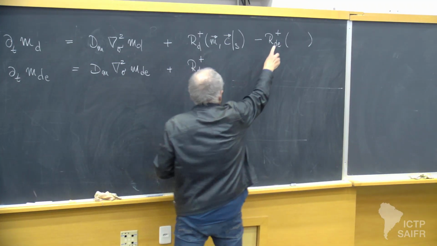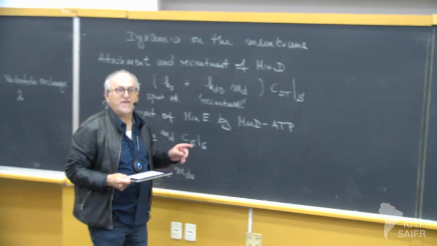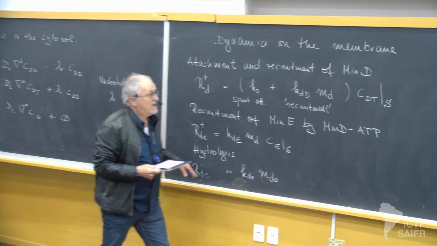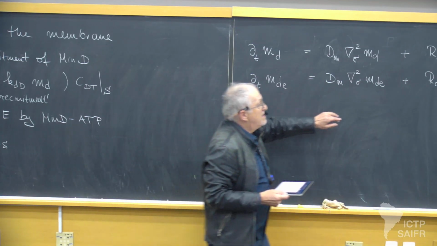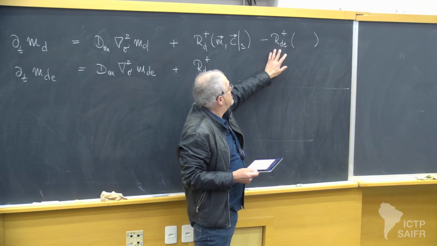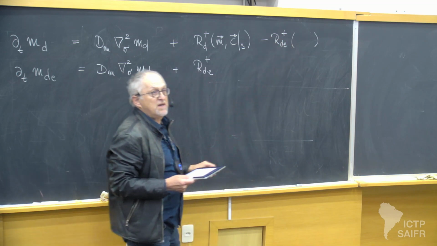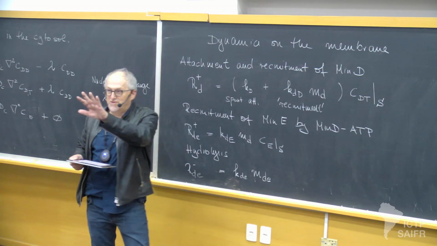Oh, sorry, I said something wrong here. I was fooling you. Well, here in the second equation it is plus. In the first one, I said something wrong. This is R_DE plus. It's not the hydrolysis. I was wrong, so you were right.